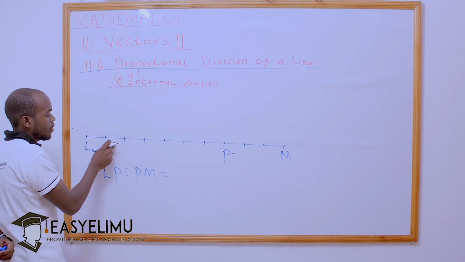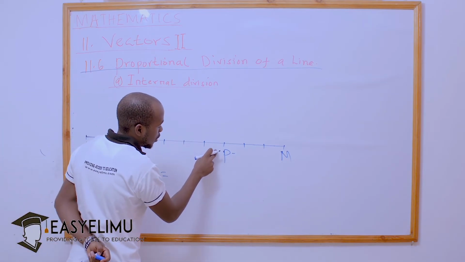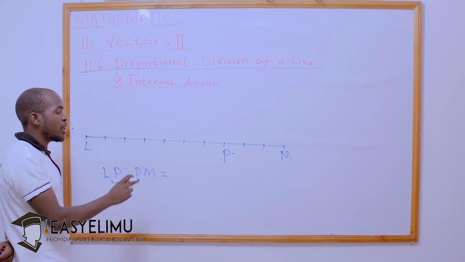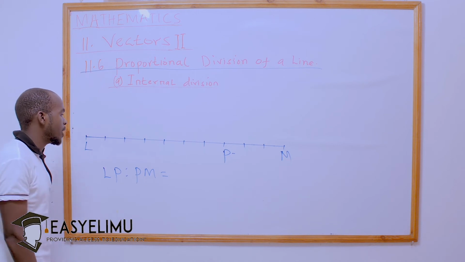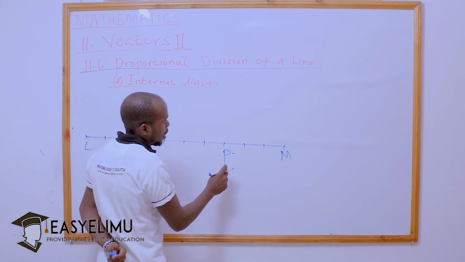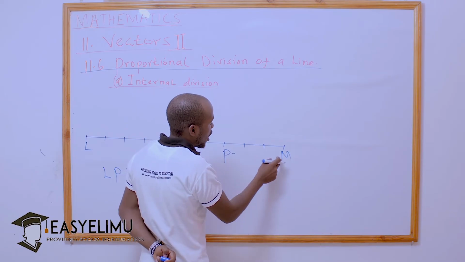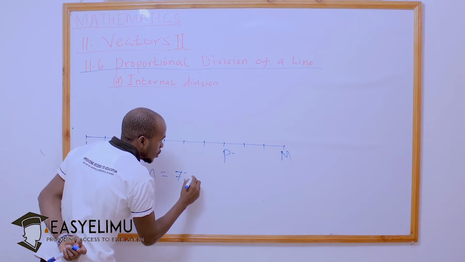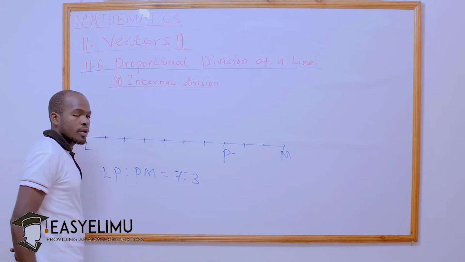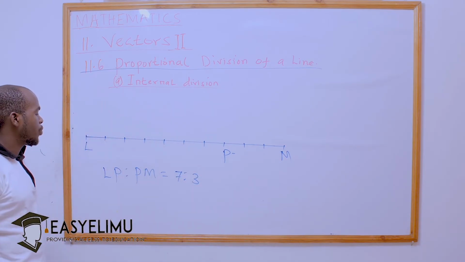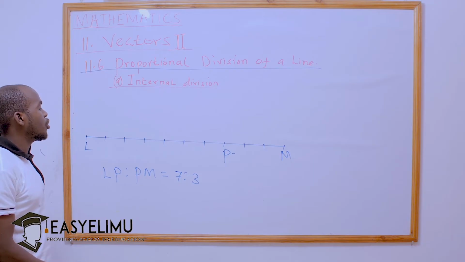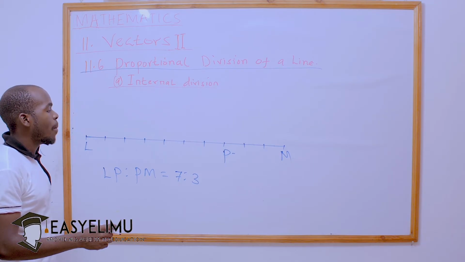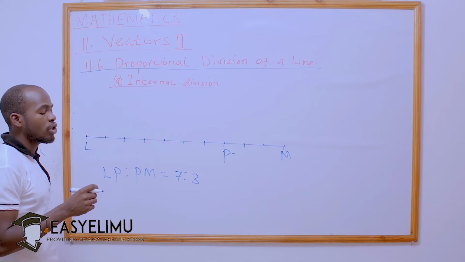From L to P we have 7 divisions, and from P to M is 3 divisions. So it will be 7 to 3. So the internal division of line LM by point P is 7 to 3.